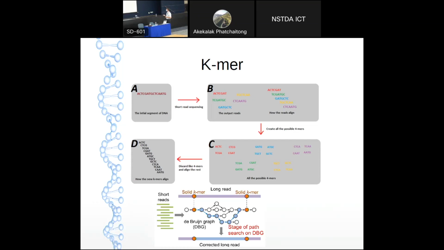The program then chooses the path that uses the most number of unique k-mers to link each of the solid k-mers, and this is then collapsed down into a single sequence.